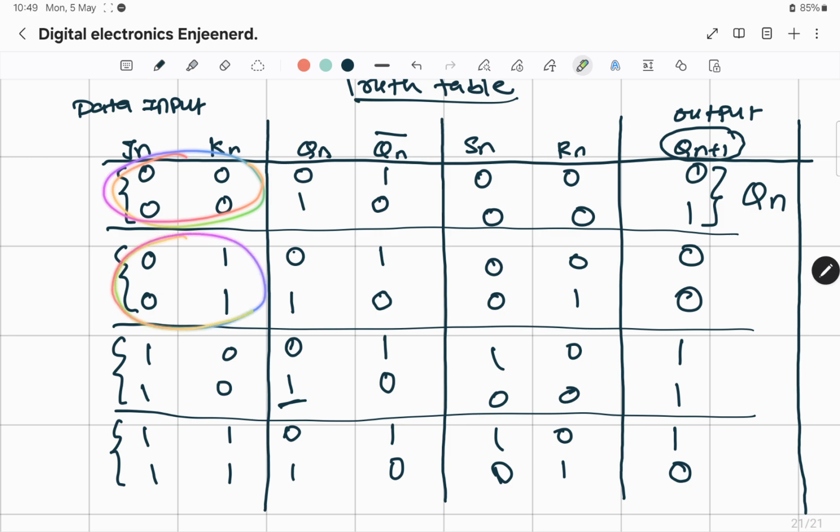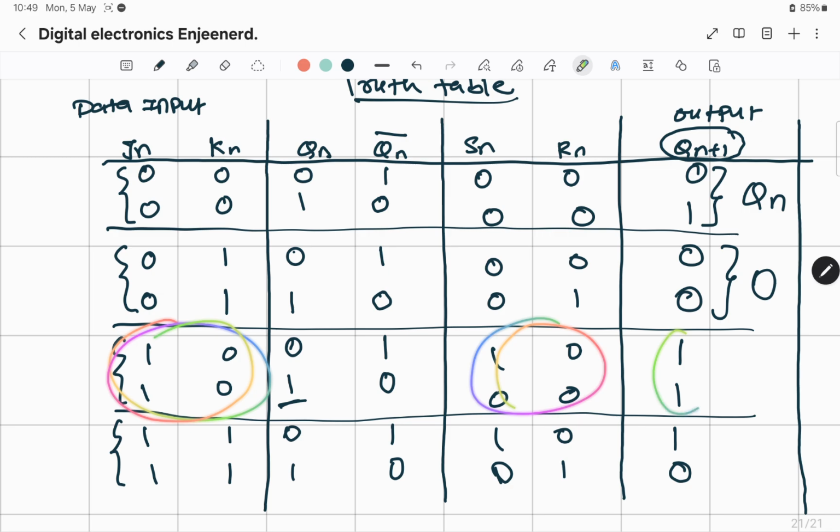For J and K equal to 0 1, no matter what my input to S and R goes, my output is always 0. So here my output is going to be 0. Similarly for 1 0, no matter whatever goes at the input, my output is going to be 1. So it's going to be 1 in this state.